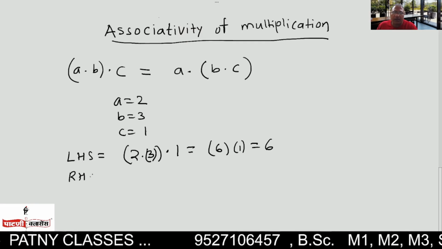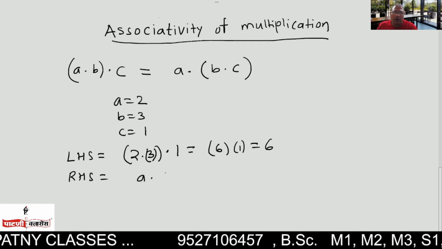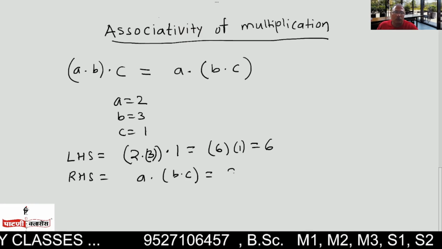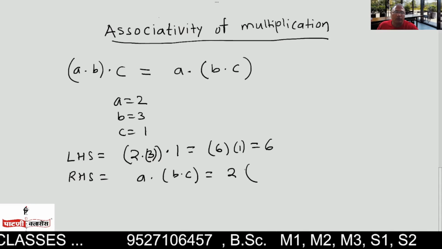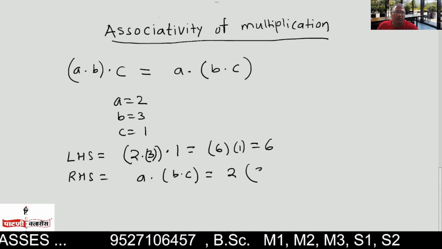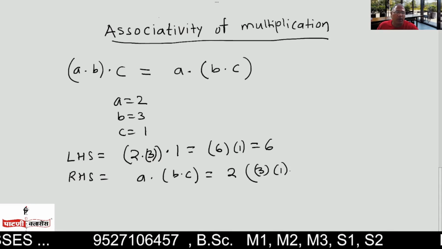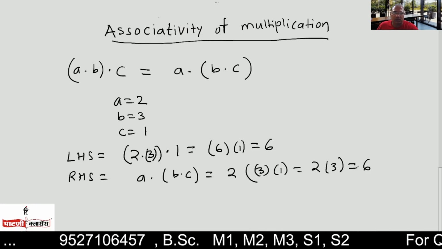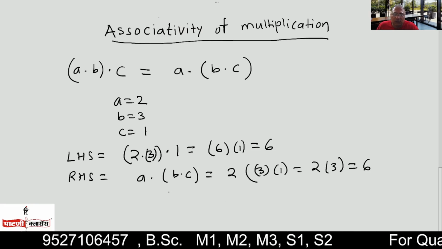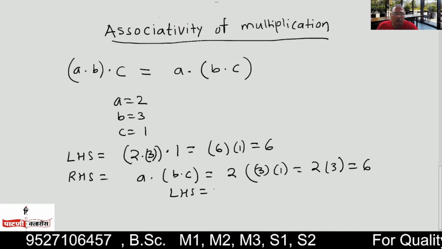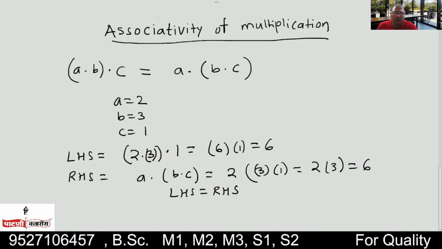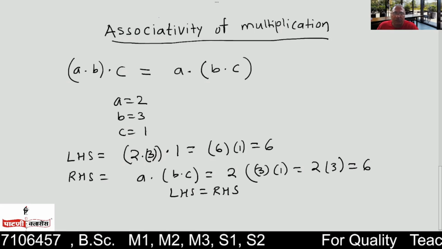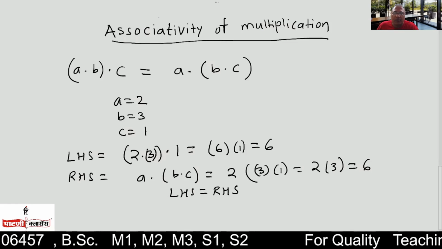And RHS equals a dot (b dot c) equals 2 multiplied by (b dot c), that is 3 multiplied by 1, equals 2 into 3 equals 6. Thus LHS equals RHS. That means associativity of multiplication is true for all real numbers.